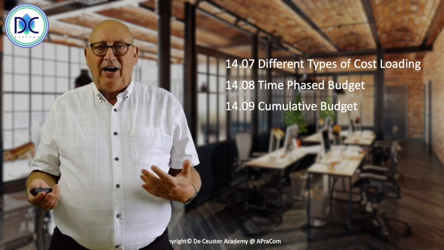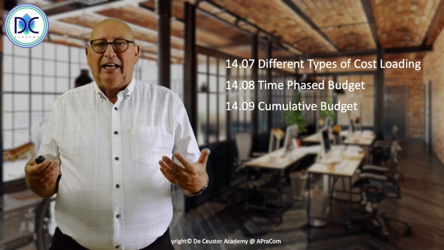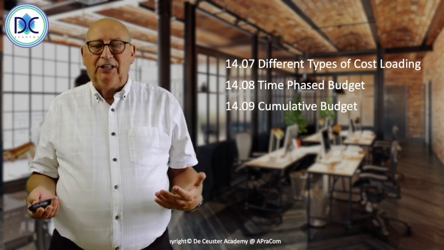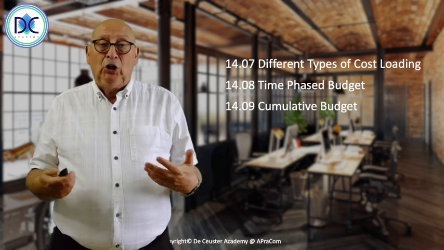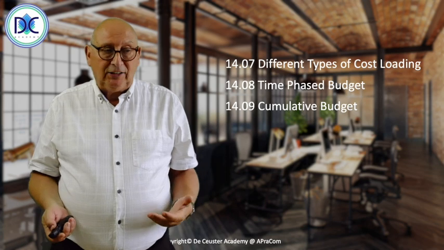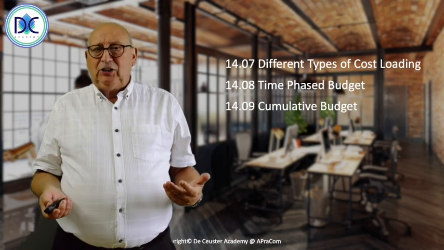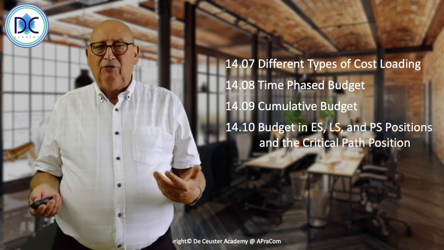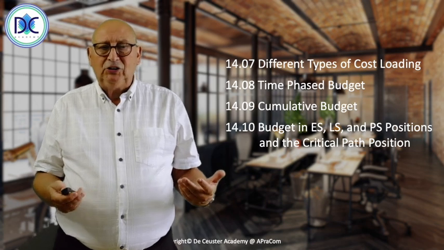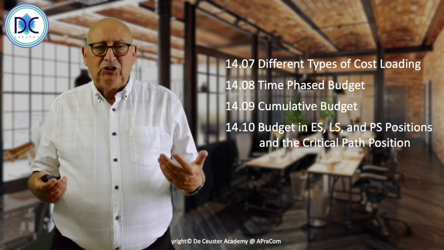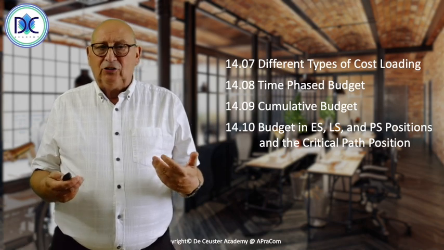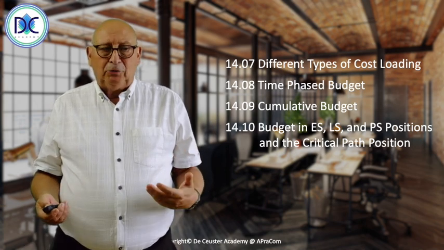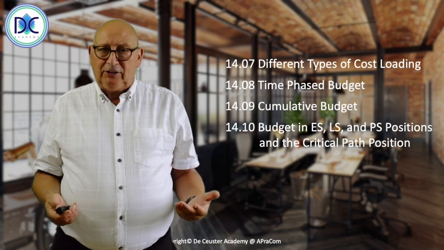So we will find here the budget at completion, the total budget that we will spend or expect to spend to complete the project. We find the budget in different positions. We can find it in the early start position, the late start position, the planned start position, and also we will look at the critical path position of the project.